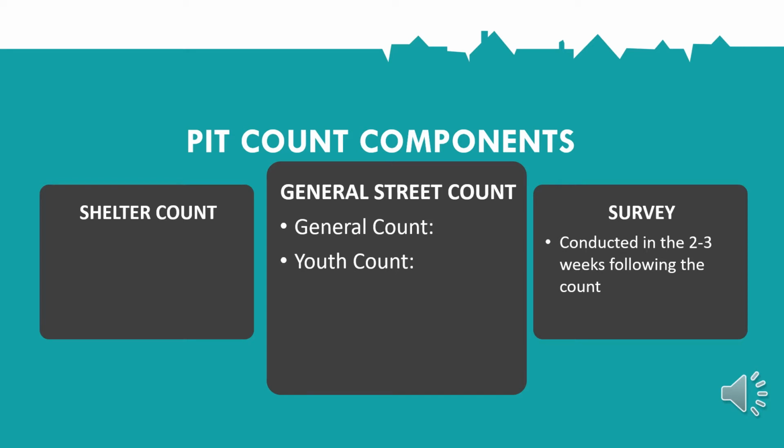Finally, the survey component is typically conducted in the 2 to 3 weeks immediately following the general street count. Surveys are conducted with a representative sample of people experiencing homelessness across the county and provide us with a better understanding of what homelessness looks like in the region, including information on veterans, families with children, and people experiencing long-term homelessness.